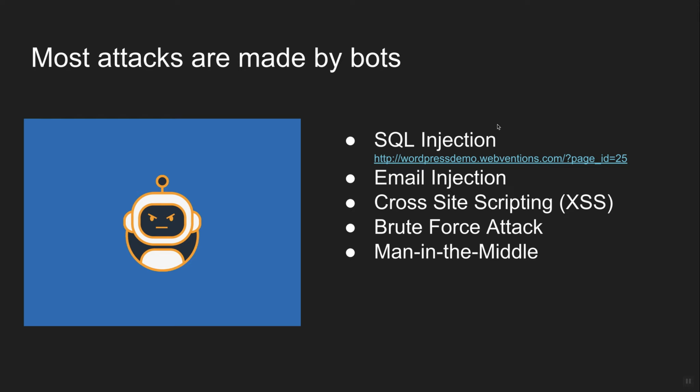An SQL injection is when a hacker tries to either access information from a database or insert information into a database through a form or through a URL, something like that. So, for example, this is the raw link that WordPress would use with a query string. Now, it doesn't display it like this.